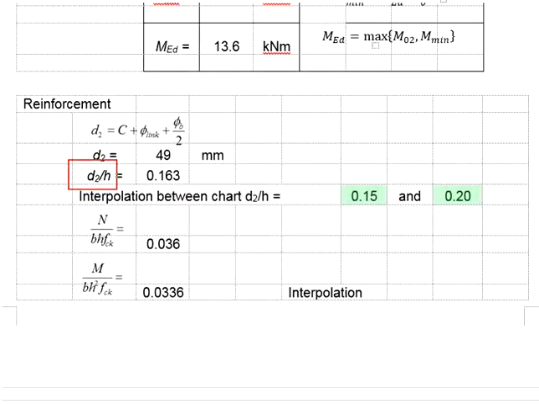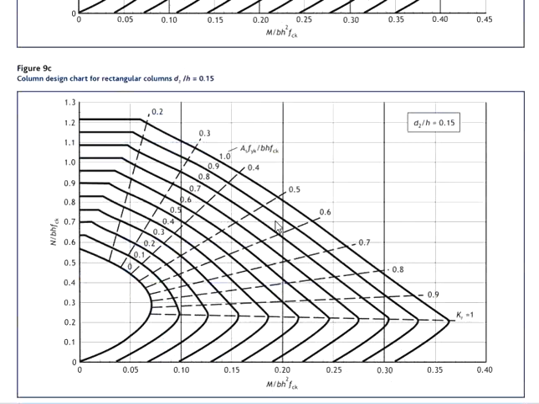Therefore, d2 per h is calculated as 49 divided by 300. That gives you 0.163.